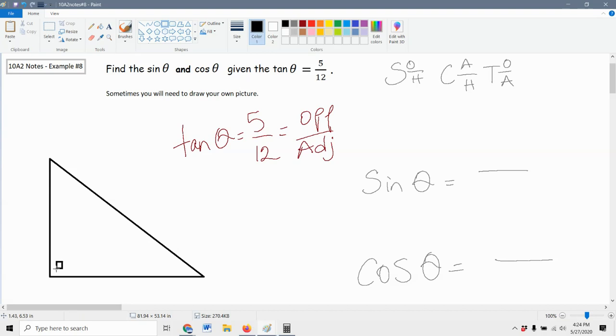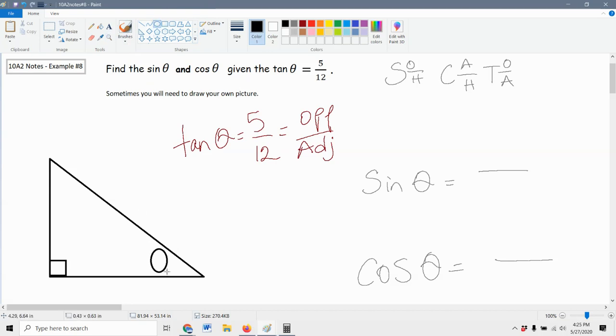So when we draw that triangle, we want to make it a right triangle. We want to also include our little square here that shows that we know, yep, this is a right triangle, okay? Then we'll use what we learned by being told that the tan of theta is 5/12 by inserting our theta.